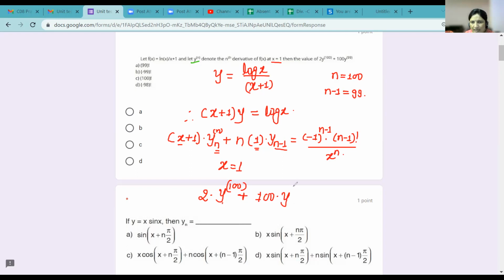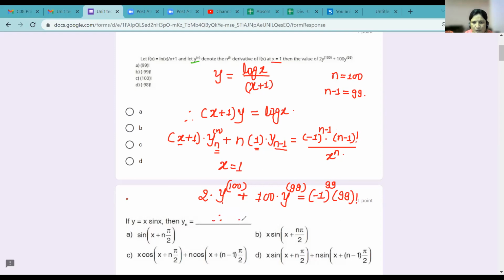So n, that is 100 minus 1, it is 99, which is equal to, put x is equal to 1 in this function. So minus 1 raised to 100 minus 1, it is 99, into 100 minus 1 factorial. So 99 factorial divided by 1 raised to n, that is 1.